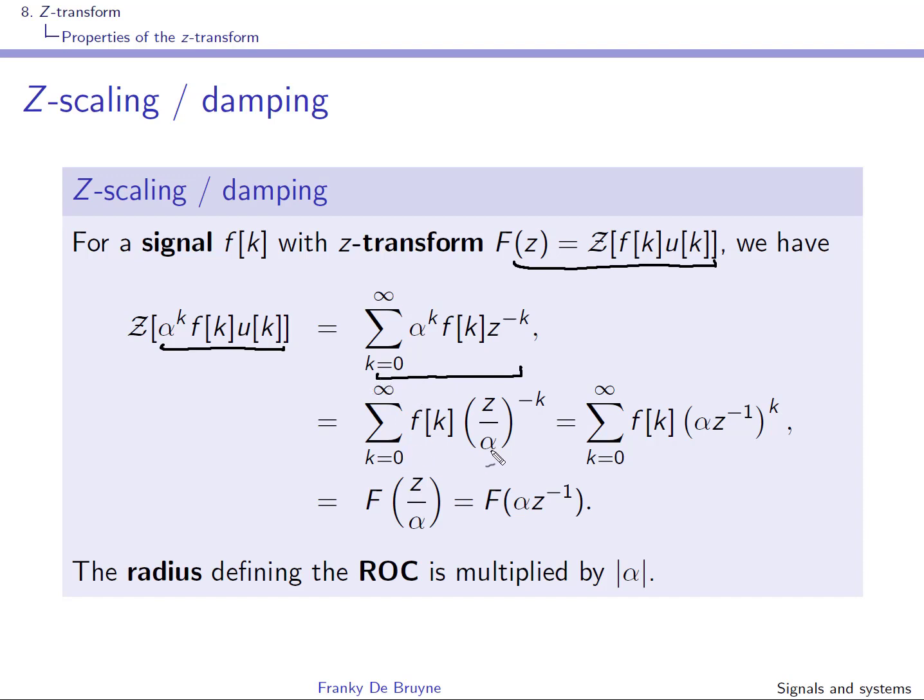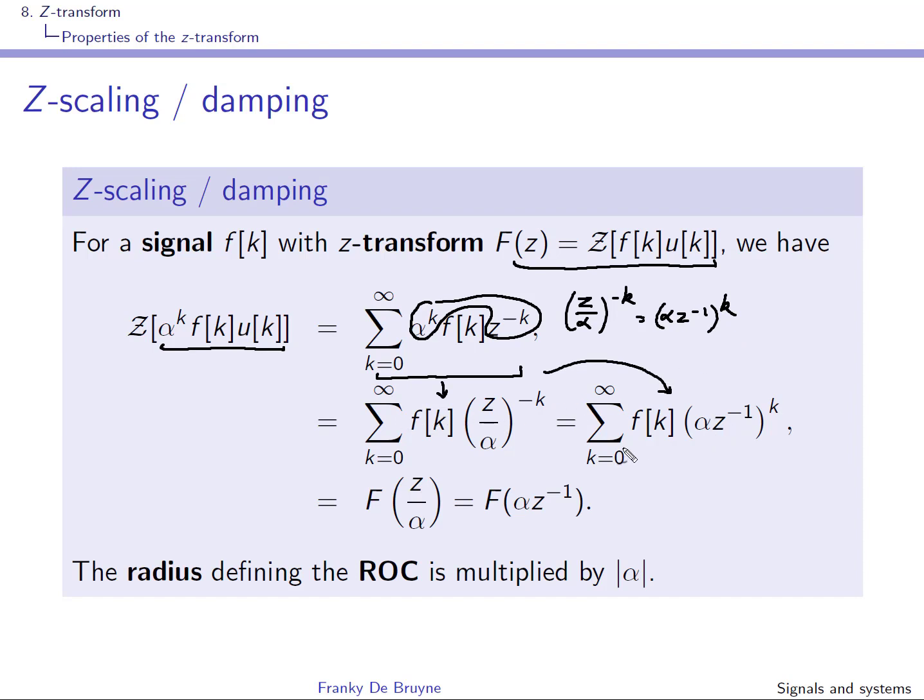And what you can do is either rewrite this as what is here and what is over here. You can see that alpha^k z^(-k), you can write it as z over alpha to the power minus k, but you can also write it as alpha z^(-1) to the power k.